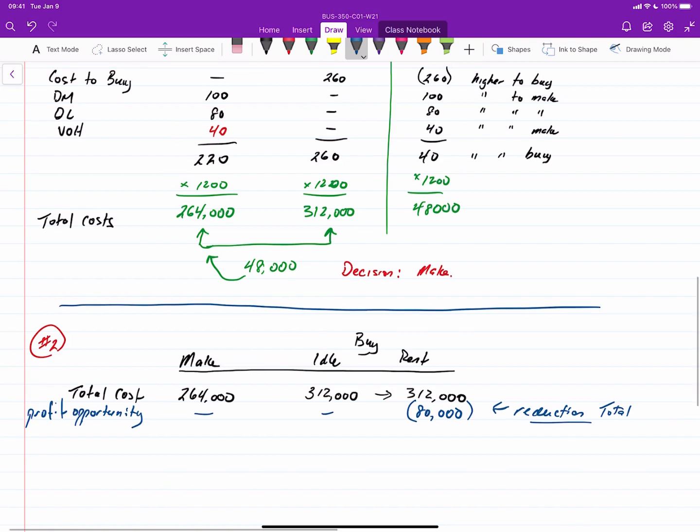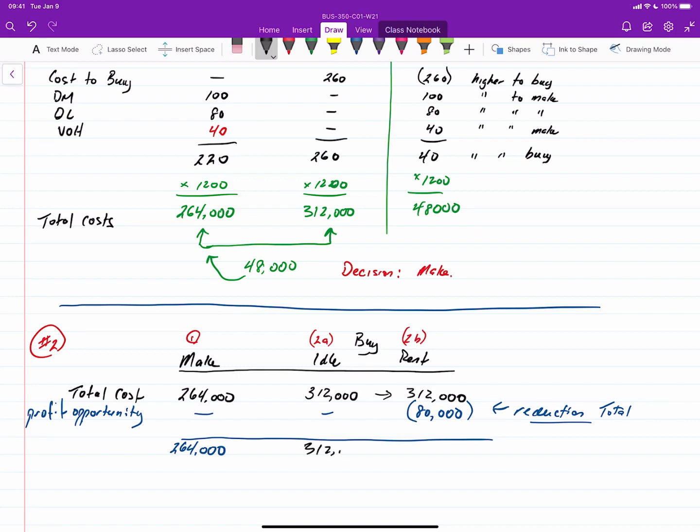So now the total costs to make are $264,000. Option 2A is to buy, and option 2B is to buy and rent. So the cost of option 2A to buy and leave idle is $312,000.